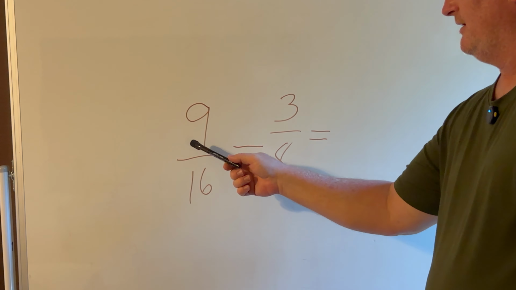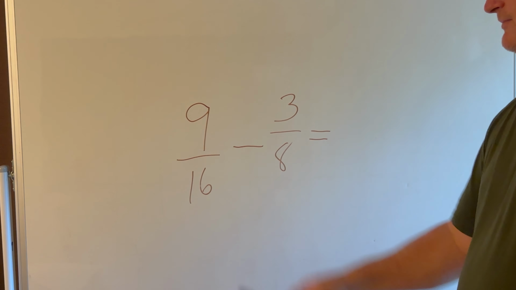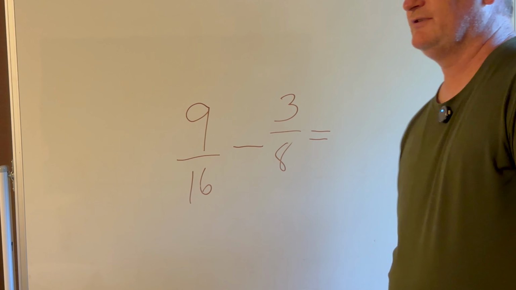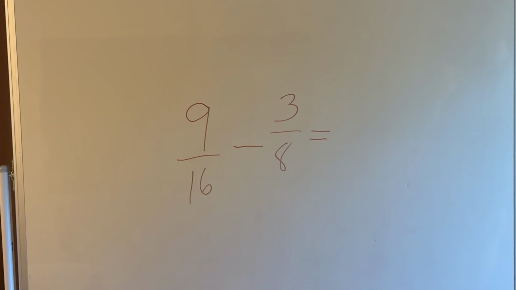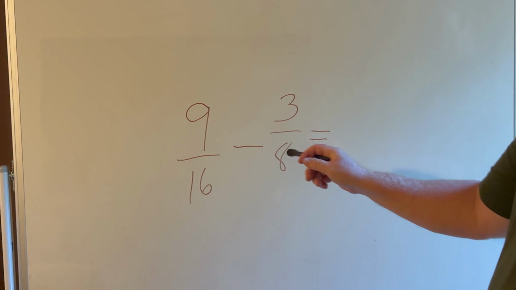Look at where 9/16 is. It should be 1/16 more than half. Look at your 3/8. It should be just above a quarter. So we know we can subtract and get a positive number.